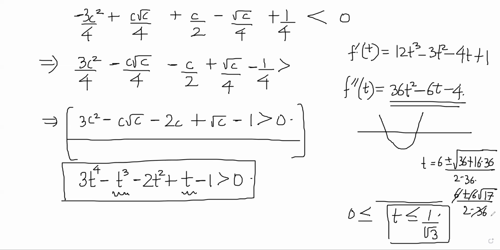So 6 gets cancelled. You have 1 plus minus root 17 by 12. So one of the roots is negative and the other root is 1 plus root 17 by 12, which is less than 1, right? So 1 plus root 17 by 12.